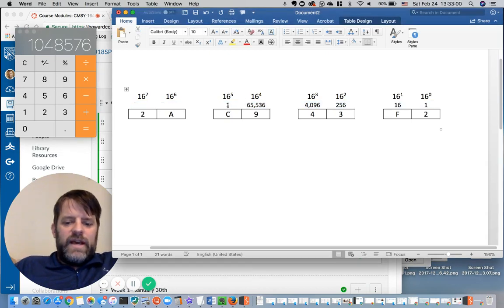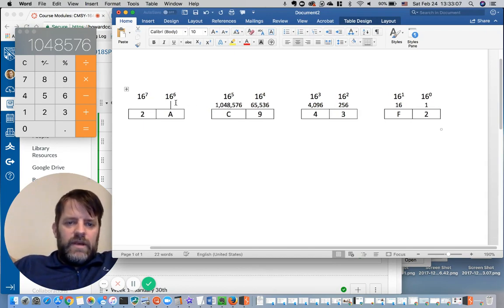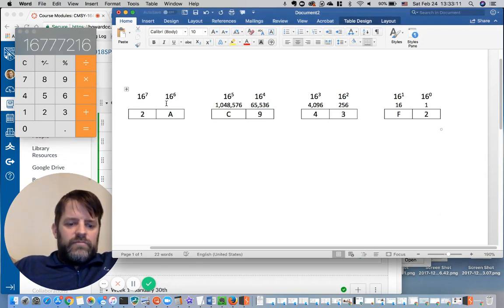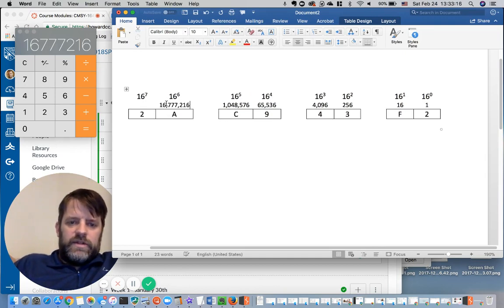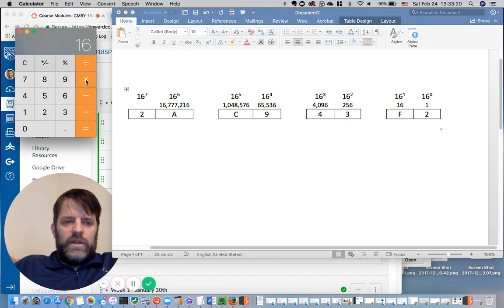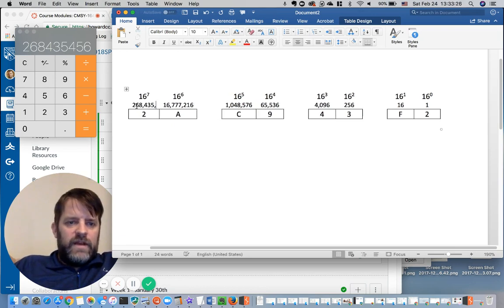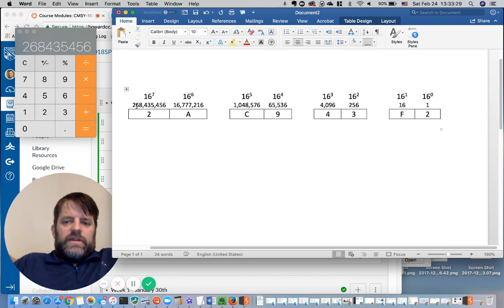Times 16 again, and it's 1,048,576. Multiply by 16 again, and you've got, sensibly enough, 16,777,216. And then multiply by 16 one last time, and you've got 268,435,456. And there you go.